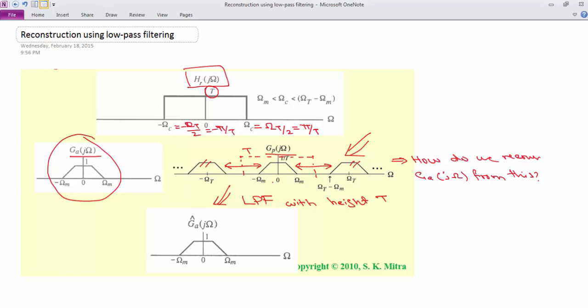One is, you are given a bandwidth, then your sampling frequency should be twice that bandwidth. Or if you are given a sampling frequency, then there should be no frequency in the signal that is more than 1/2 that sampling frequency. So the low pass filter is constructed with a cutoff of pi by T, or the sampling frequency divided by 2.